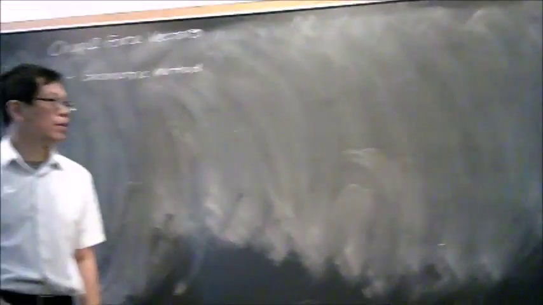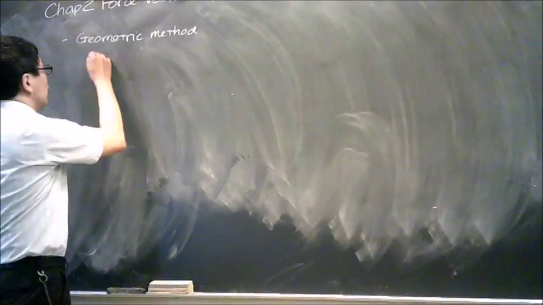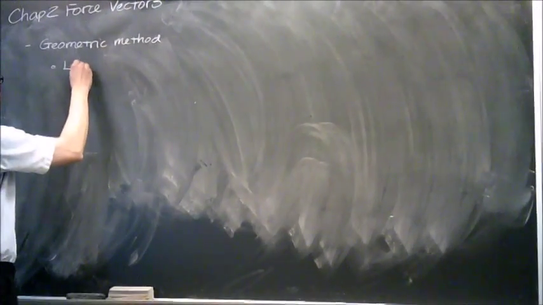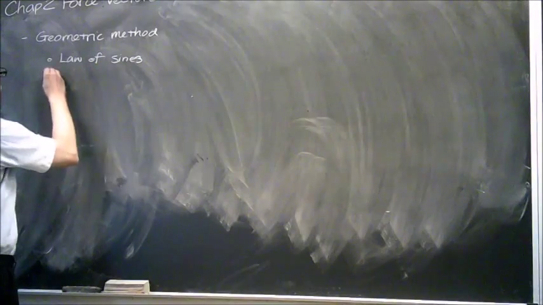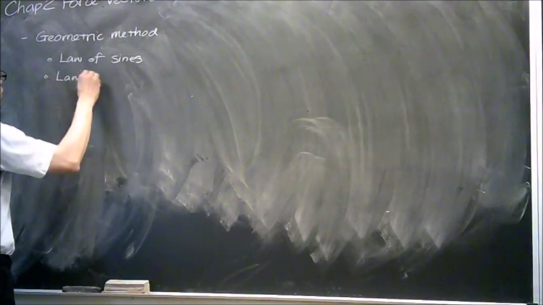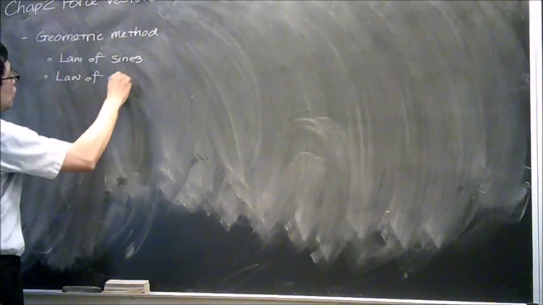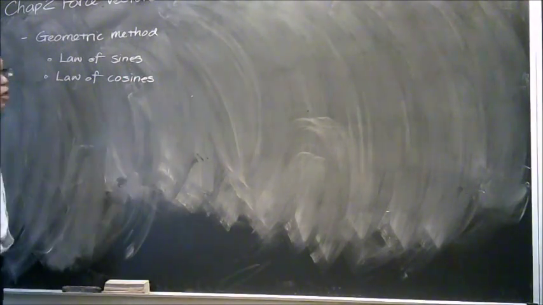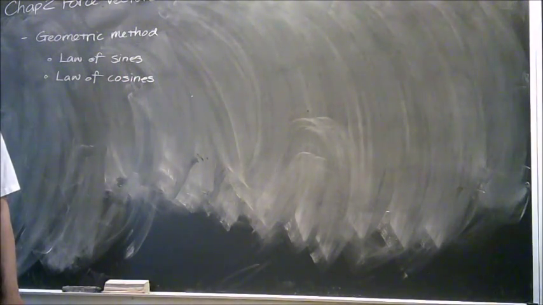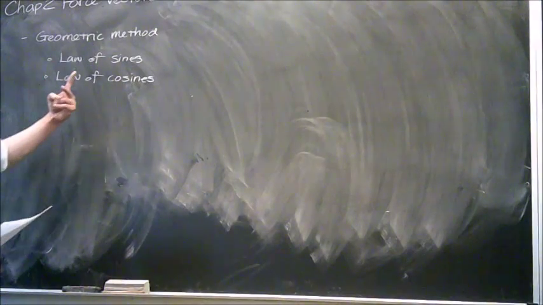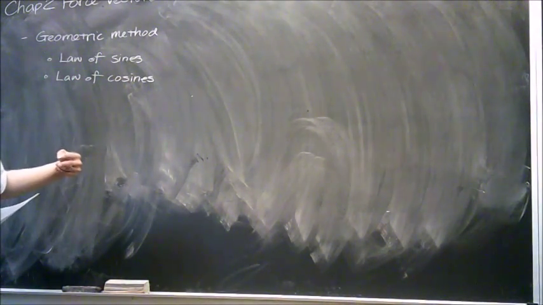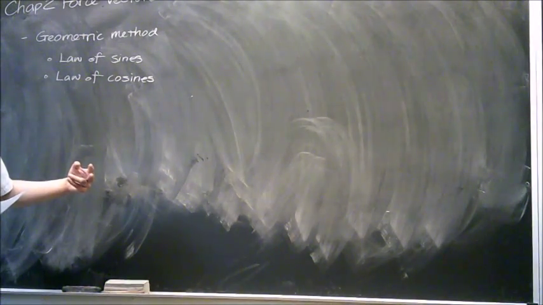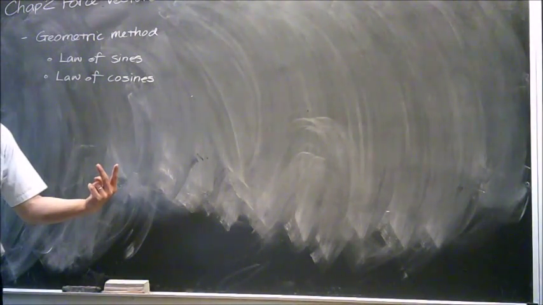If you know the angle and you know the magnitude, we can use the law of sines and the law of cosines to find out the total magnitude of two forces together. And with this information, we can also find the angle of the resultant force of the combination of two forces.